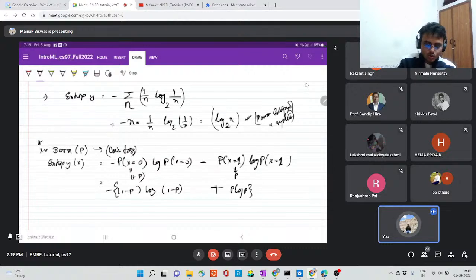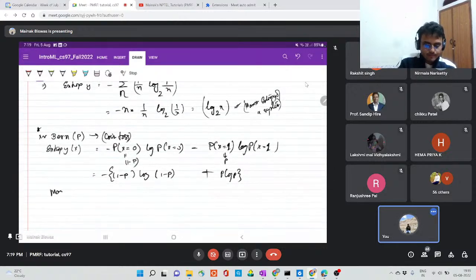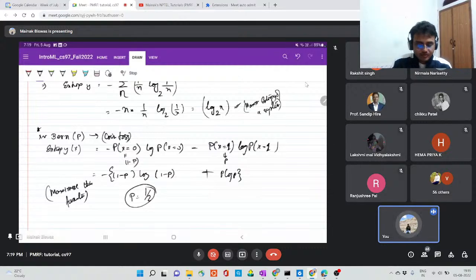This is a homework and an exercise to do, class 11 maths. Maximize this function. If you maximize this function, you will see p will be equal to half. Just take the derivative dE/dP, put it to 0, and you will see you get a half.